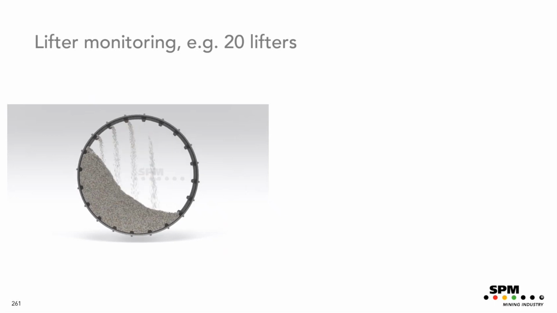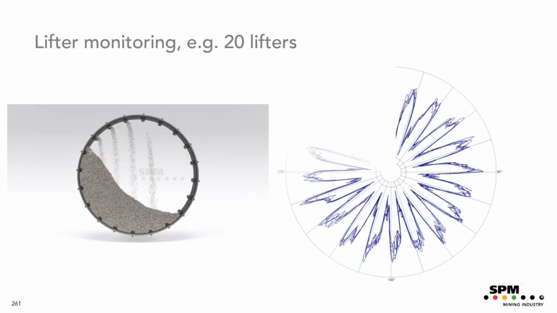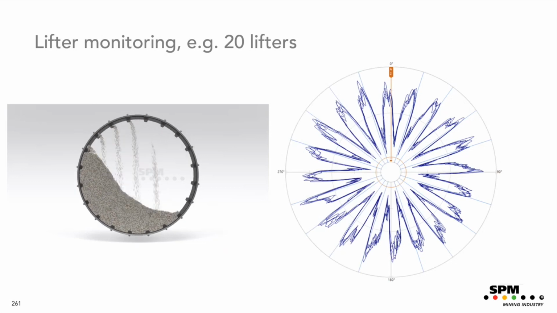Another important thing is to keep track of the conditions of the lifters. We use circular plots from the time signal, representing each impact between the lifters and the charge.